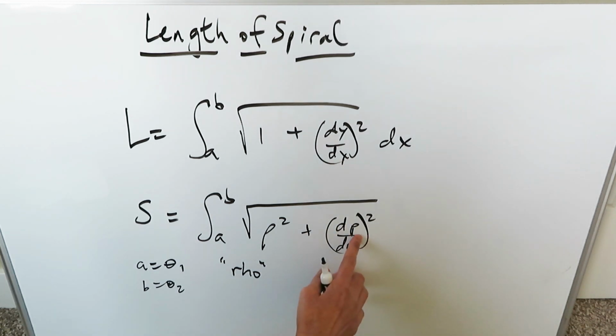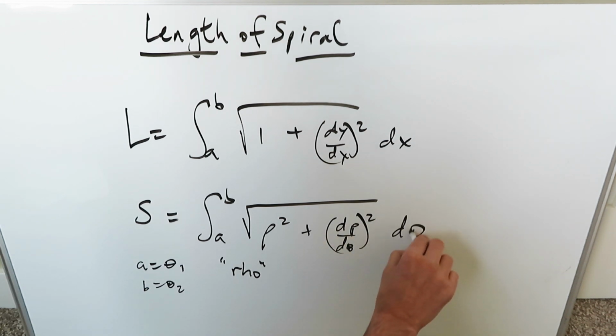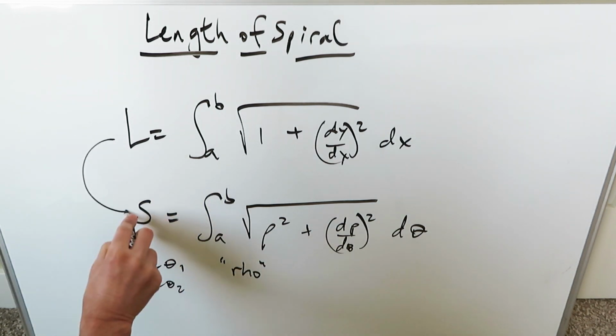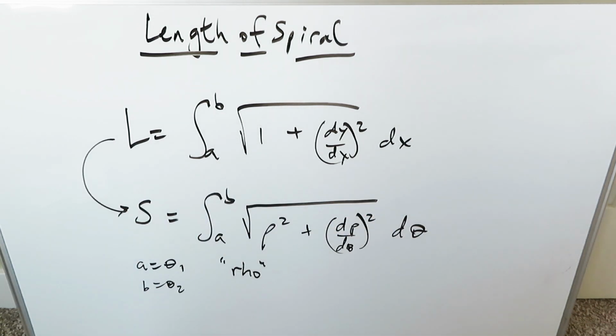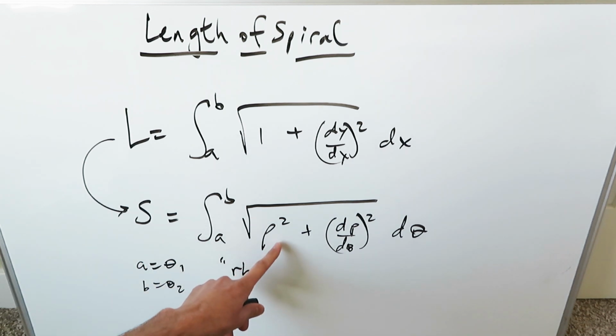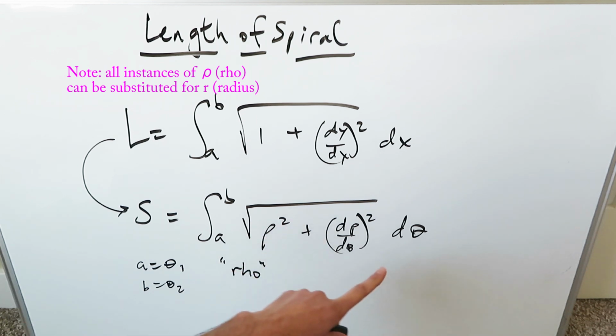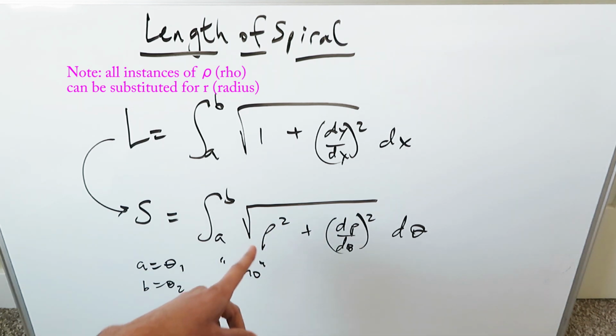Here we have this symbol coming again with respect to the theta variable, all squared, and we're looking at everything with regards to the angle d theta in radians. Look how this has changed a little bit. We have lower limit, upper limit in respect to radians. We have that squared plus that derivative squared, all in the square root, and everything with regards to your theta variable. This is the formula we'll use to determine the length of a spiral.